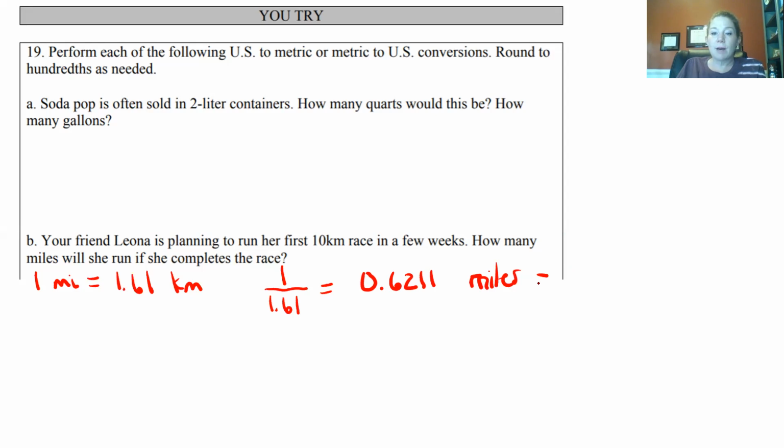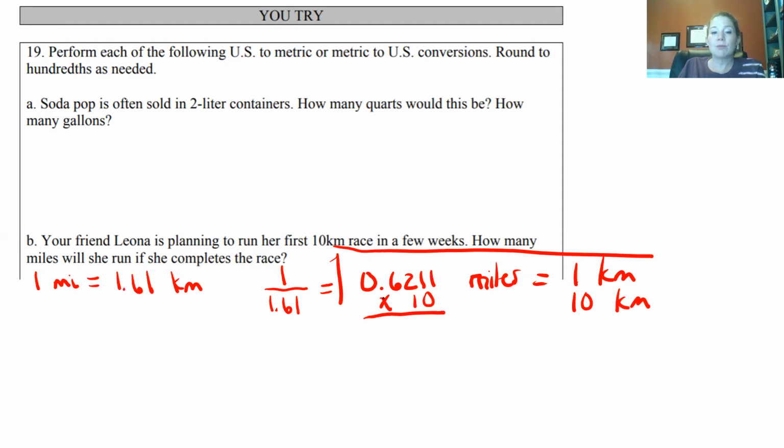So 1 kilometer is 0.6211 miles, and we want to go 10 kilometers, so we're simply going to multiply this number times 10, and multiplying by 10 moves your decimal one place to the right. So 10 kilometers is equal to 6.211 miles.